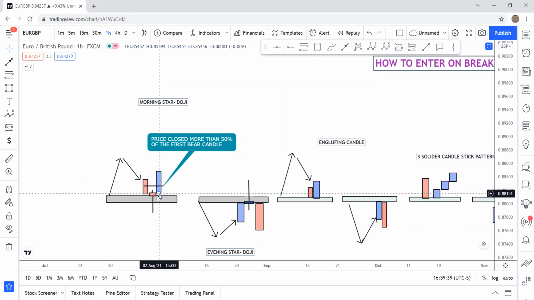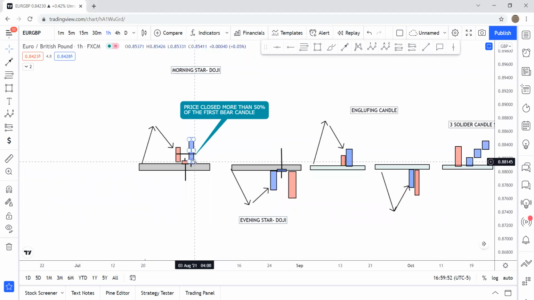After that weak bearish sell candle, you're supposed to get a bullish engulfing candle, right? But that bullish engulfing candle has to be larger than 50% of the first sell candle or the second sell candle to the left.